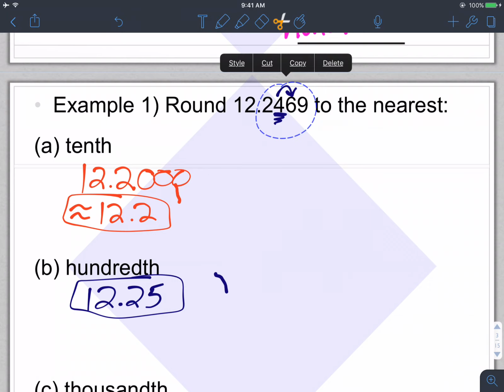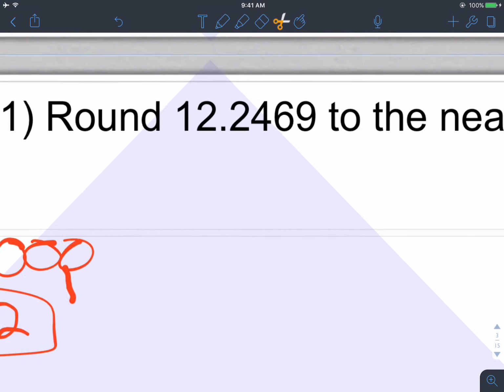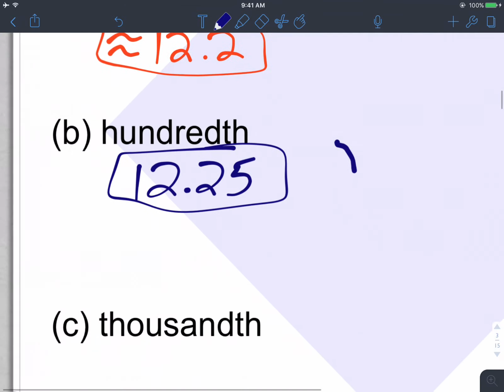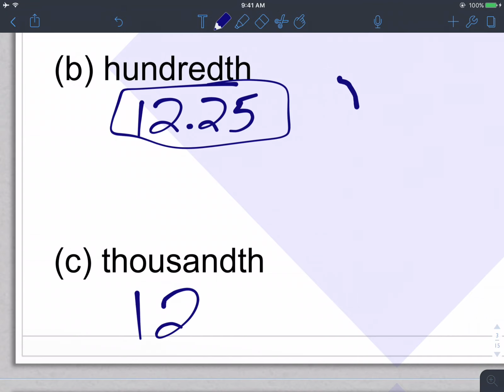And then, how about thousandth? The 6. All right, the number after it is higher than 5, so let's make it 12.247. That's our rounding. Very similar to the first chapter.